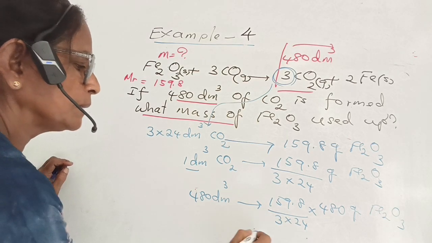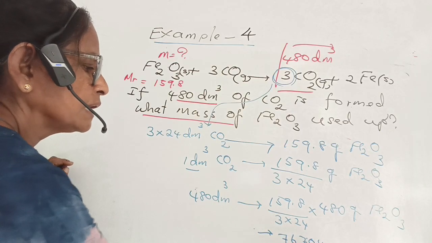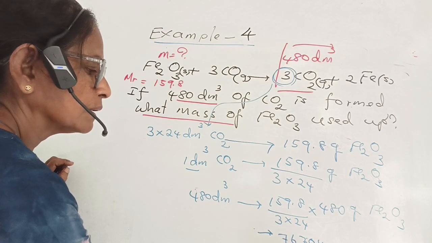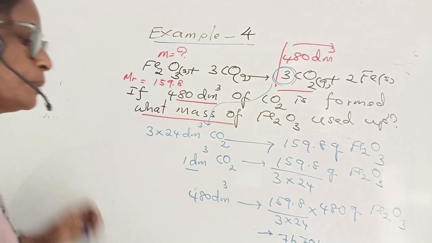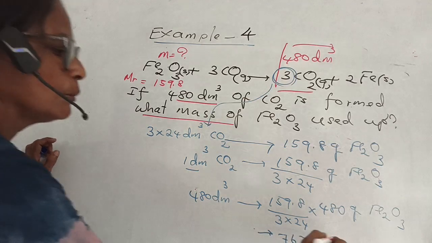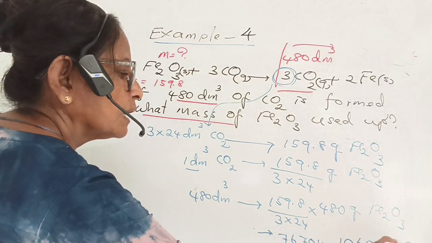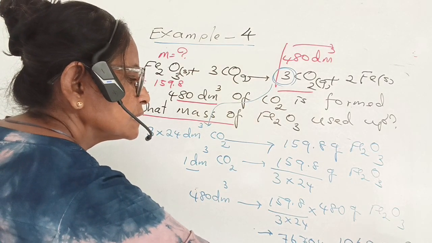76,704 divided by 72, which would be 3 times 24, would be the answer. So this has to be divided by 72, which is 1065.3. 1065.3 grams of iron trioxide is needed.